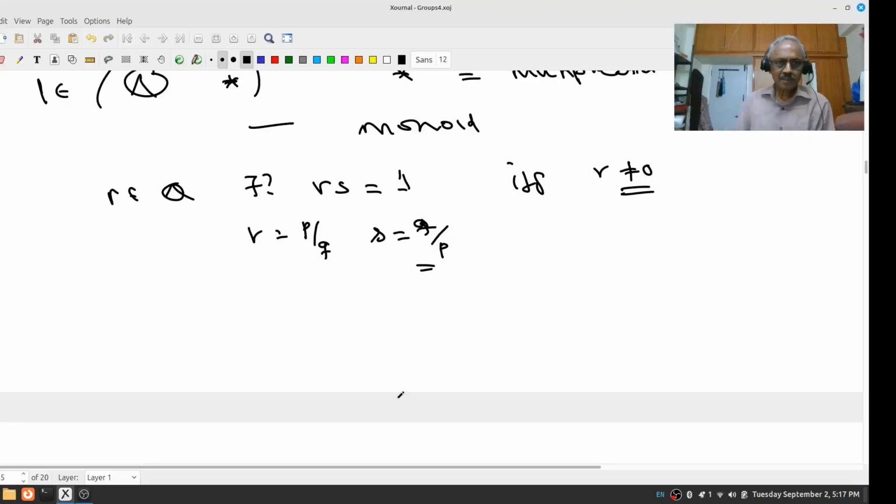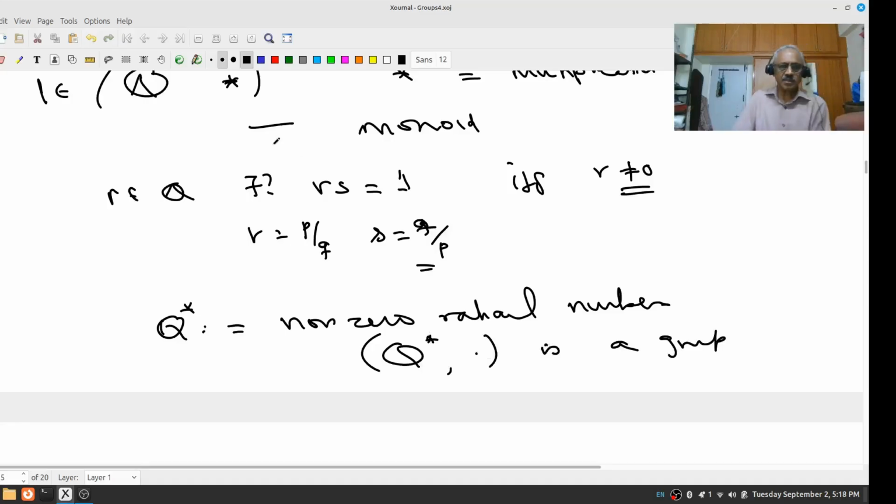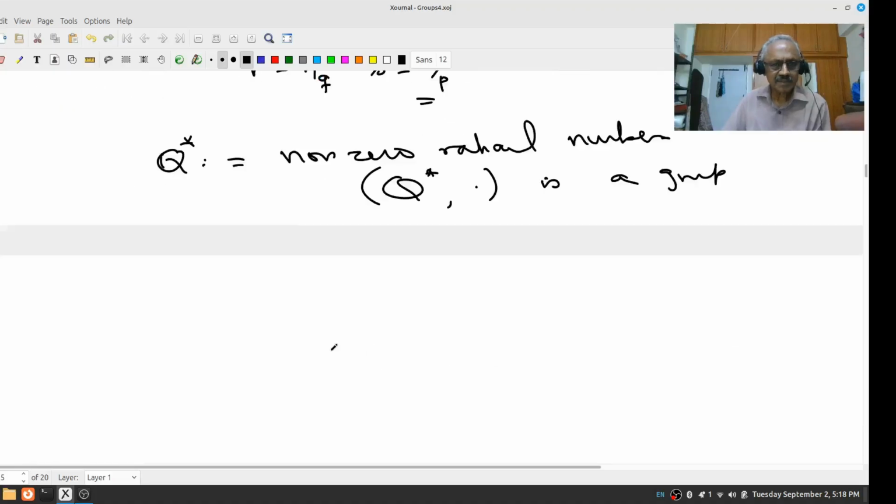Therefore, in this monoid, look at the units. Units are going to be the non-zero elements. So let Q star denote the non-zero rational numbers. Then Q star under multiplication is a group, because in the monoid I am collecting all the units. You understand this?